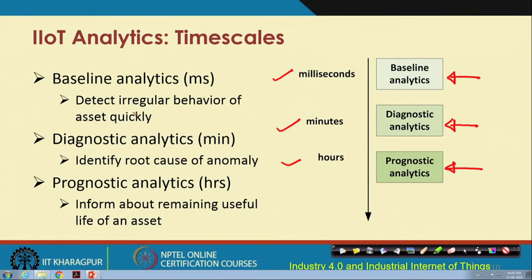Baseline analytics detect irregular behavior of assets quickly. Diagnostic analytics identify the root cause of any anomaly, and prognostic analytics inform about the remaining useful life of an asset. So, these are the different types of analytics and their corresponding time scales of operation.